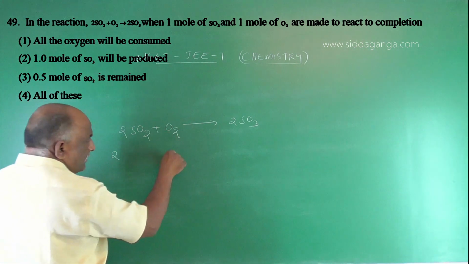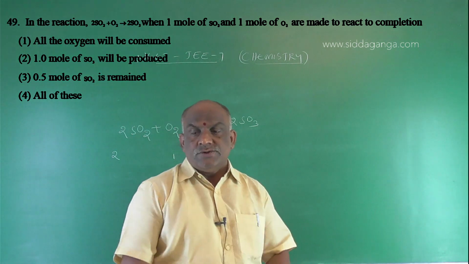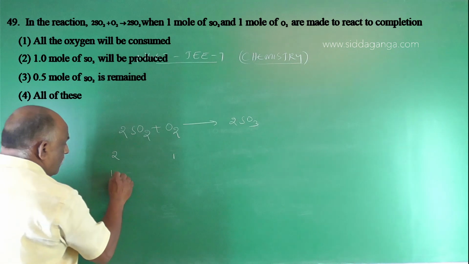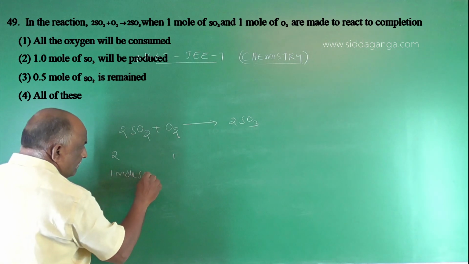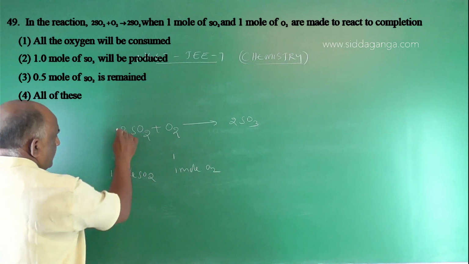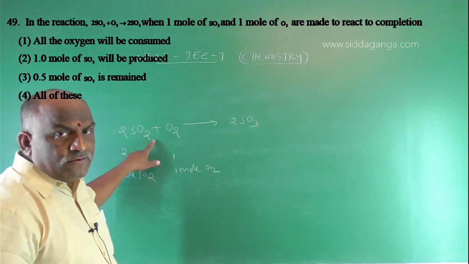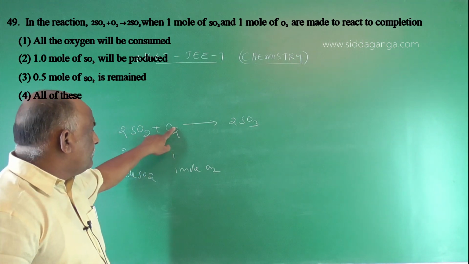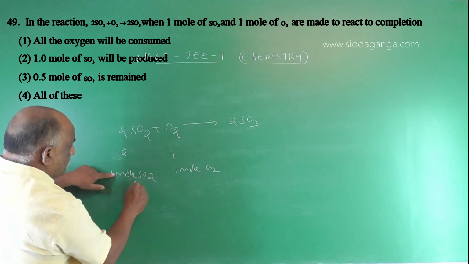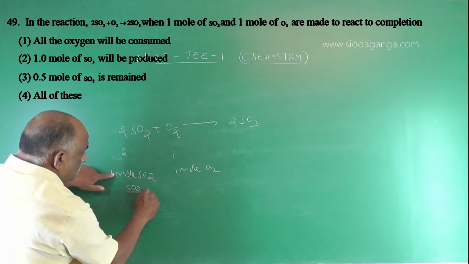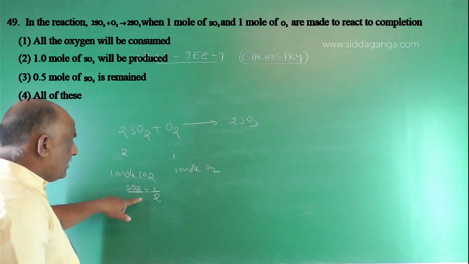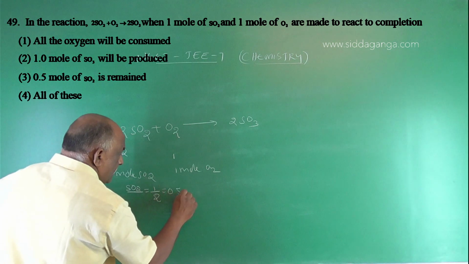But from the question, we have 1 mole of SO2 and 1 mole of O2. The stoichiometric coefficient of SO2 is 2, so 1 mole of SO2 divided by its coefficient is 1 by 2, which is 0.5 mole.